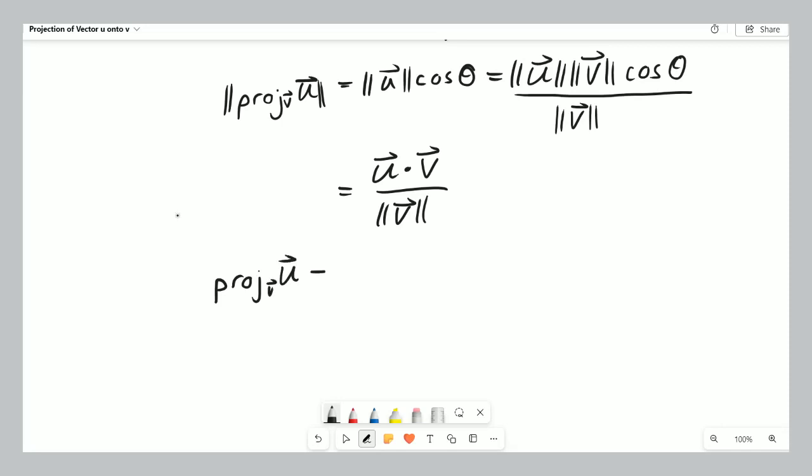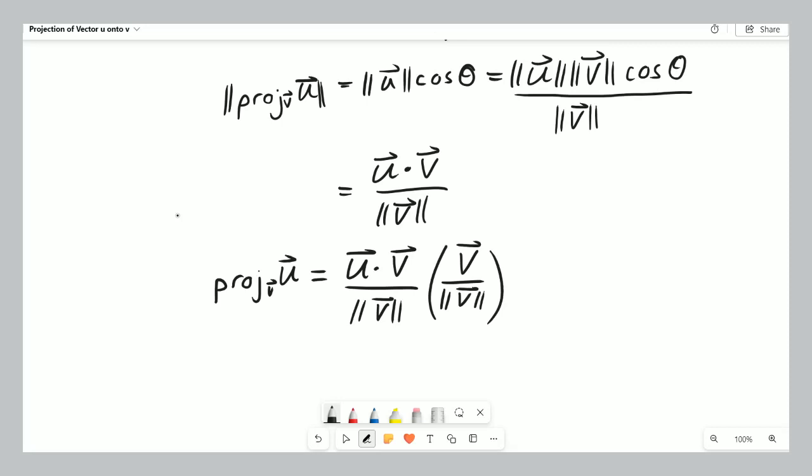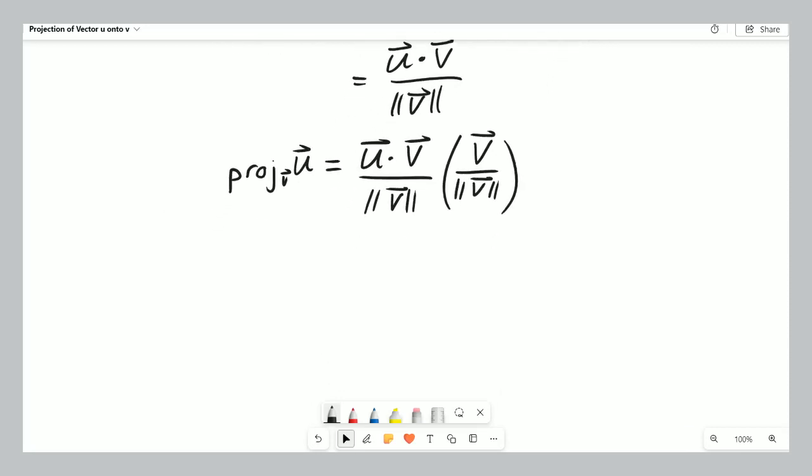The actual projection, not just the magnitude, is going to be that magnitude, u dot v divided by the absolute value of v, multiplied by that unit vector. That unit vector is just vector v divided by its own magnitude. That's the unit vector in the direction of vector v. That is going to have a magnitude of 1, and it's going to be pointed in the direction of vector v.